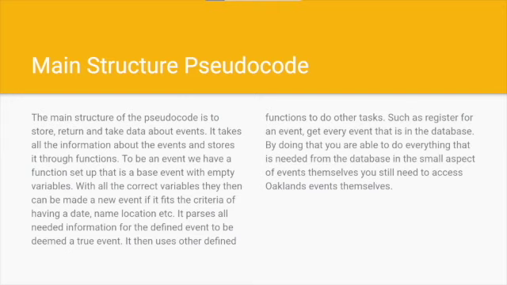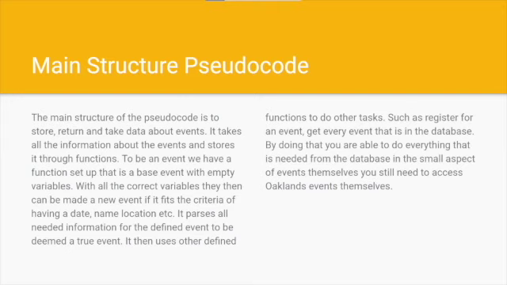The user table consists of columns like user ID, which is the primary key, name, email, and password. Lastly, the attendee table is used to store the relationship between events and users and contains columns for event ID that references the event table and user ID, which references the user table.